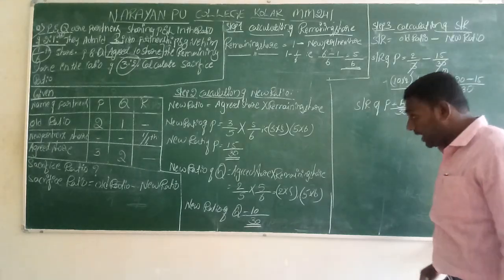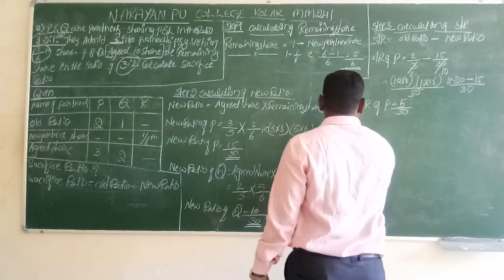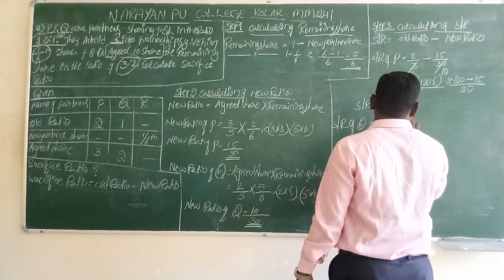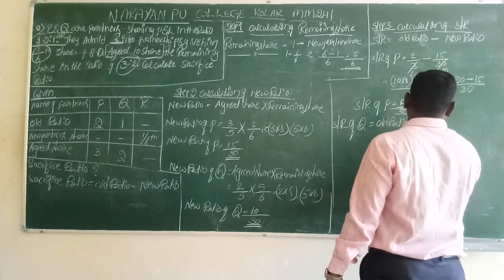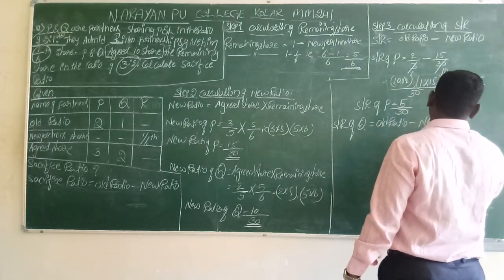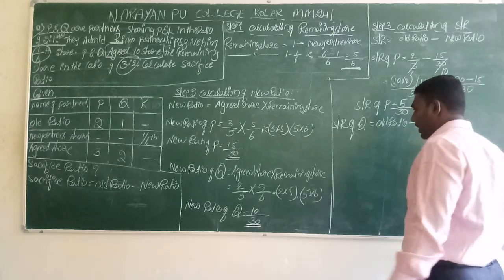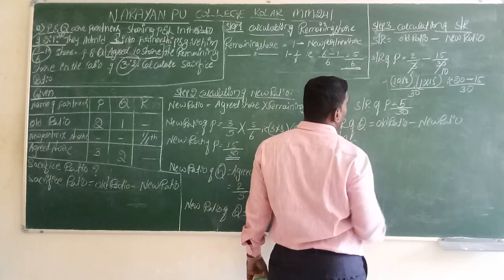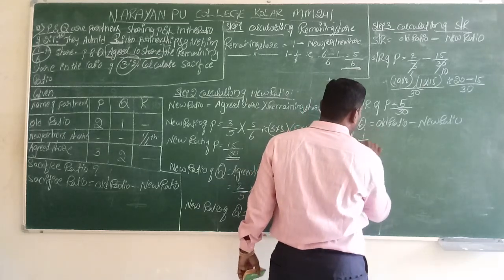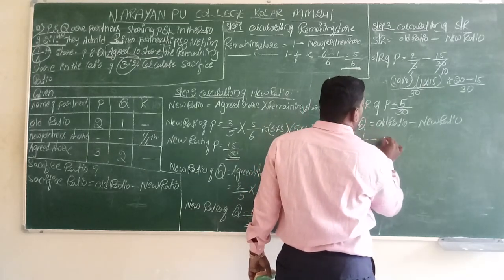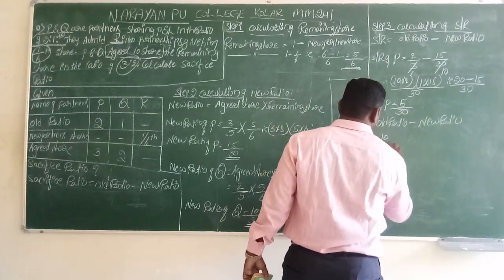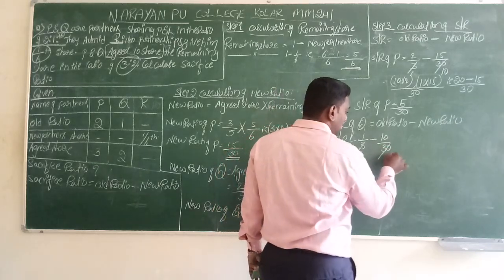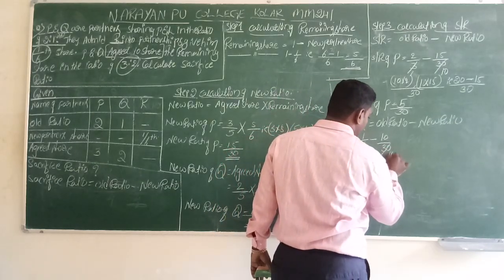Now we have to calculate the sacrifice ratio of Q is equal to old ratio minus new ratio. As before, we write the formula. Sacrifice ratio is equal to old ratio, which is available in our question, that is 1 divided by 3, minus new ratio, 10 divided by 30. 3 tens are 30.